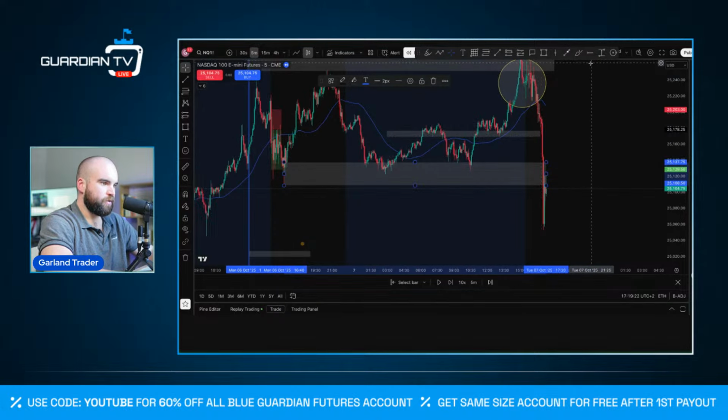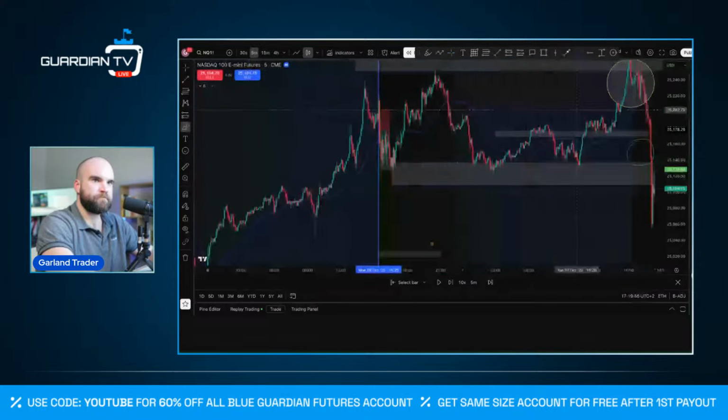Can anybody tell me? Can you guys tell me why I wouldn't take trades in this zone?